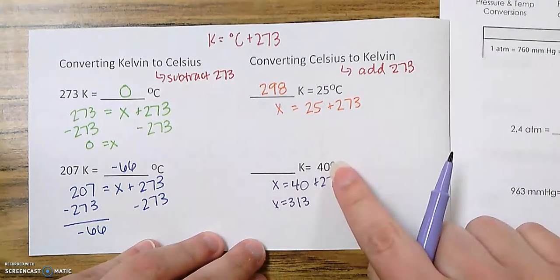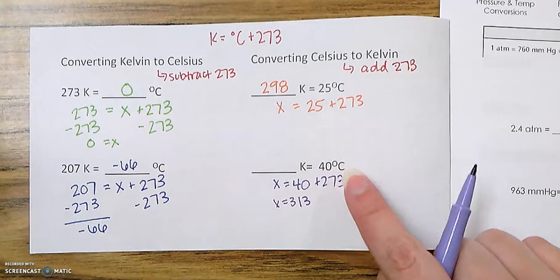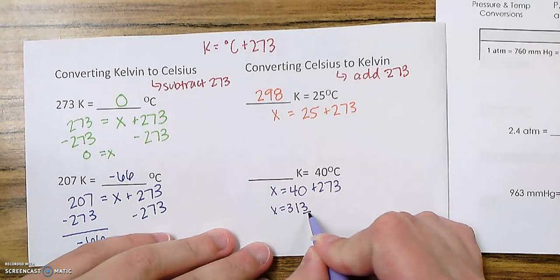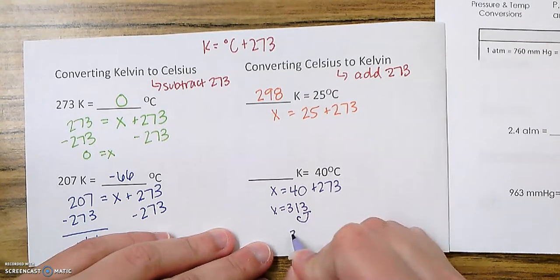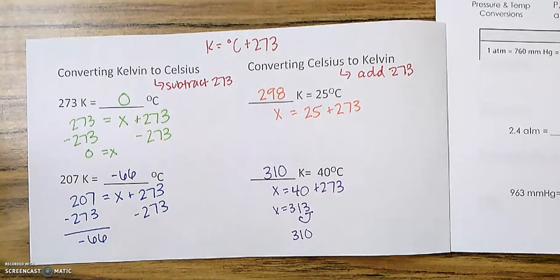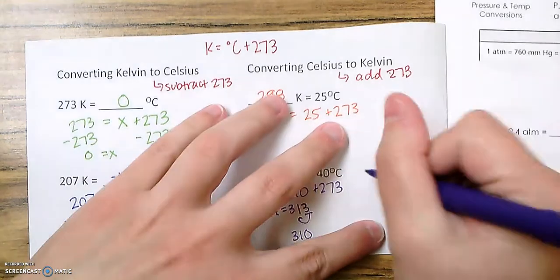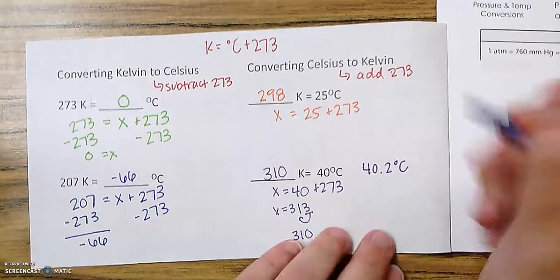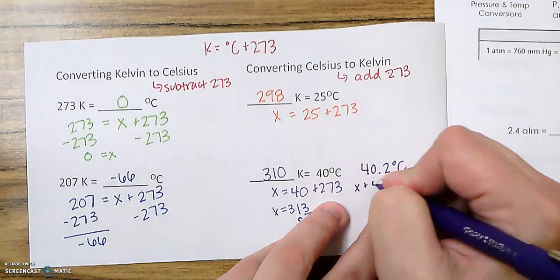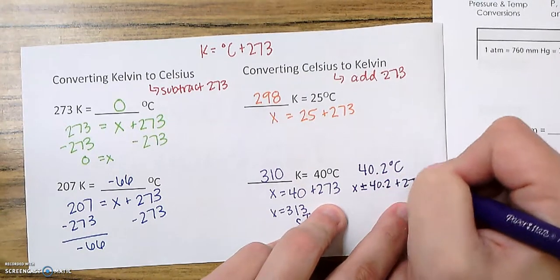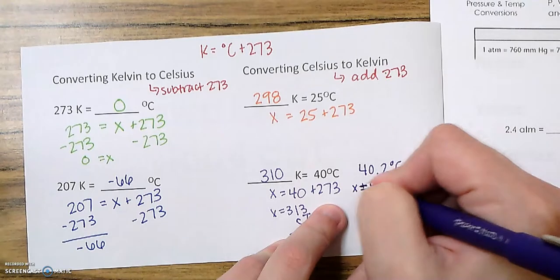Now you'll notice that this 0 is not significant. There's no decimal place there. So I cannot have anything in my ones place. So I'm going to have to say, what does that 3 do to that 1? Nothing. So my answer is going to be 310. Now if it was something like 40.2 degrees Celsius, I would have to say X equals 40.2 plus 273 equals right there.